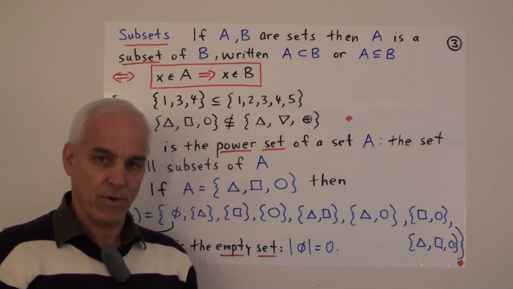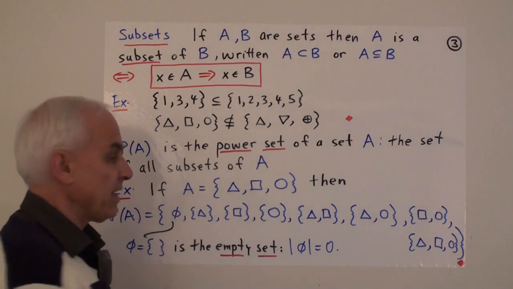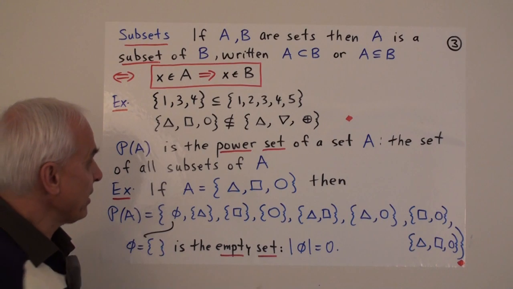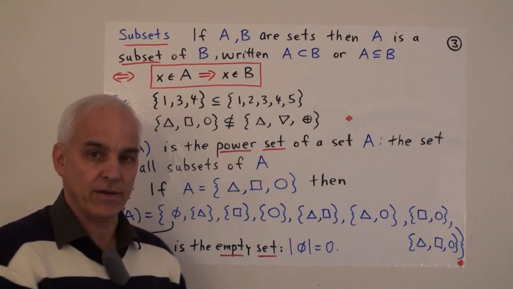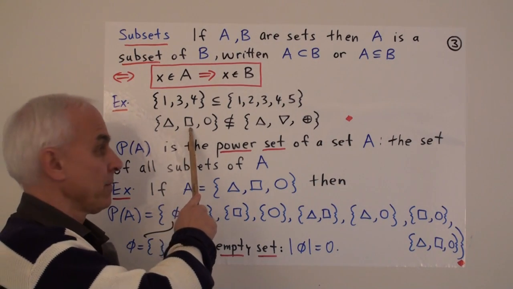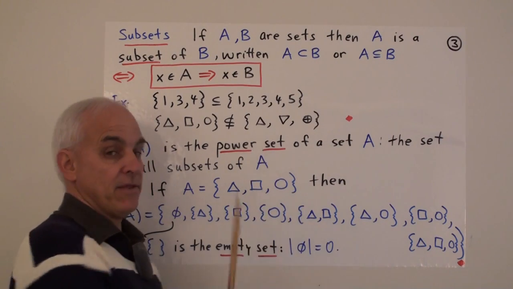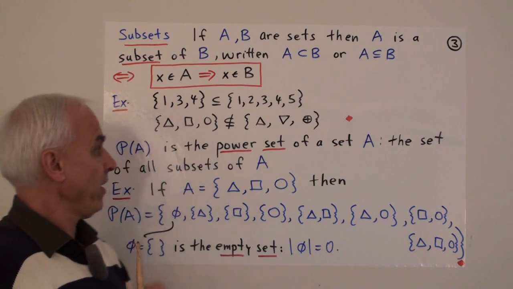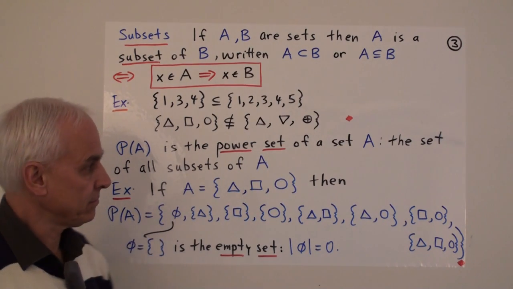We put a line through it. And it's not a subset. Why? Because there's an element in this set which is not an element in this set. Which element? A square. So square is an element in this set, but it's not an element in this set. Therefore, this is not a subset of that.